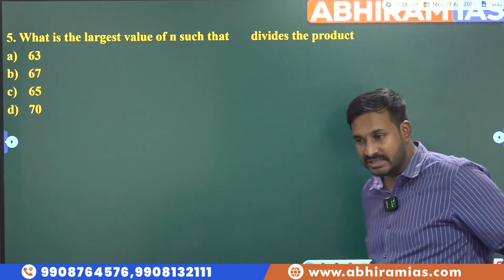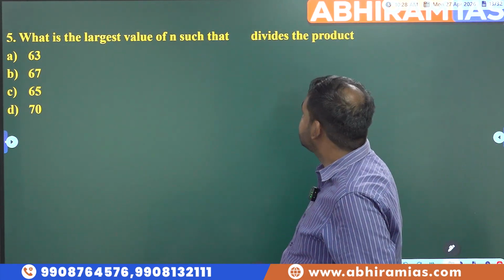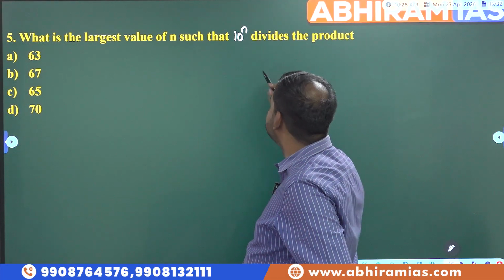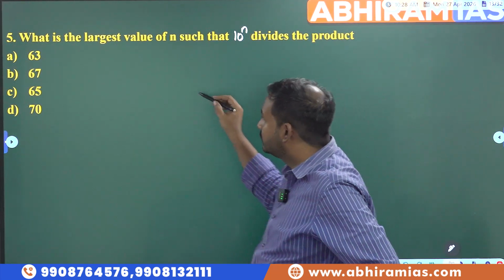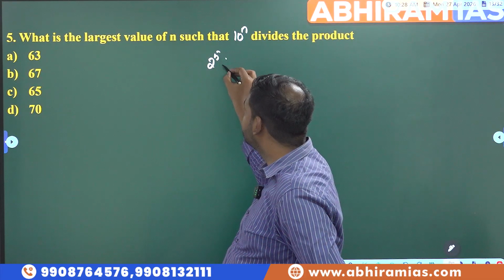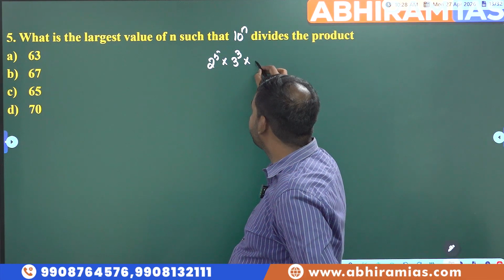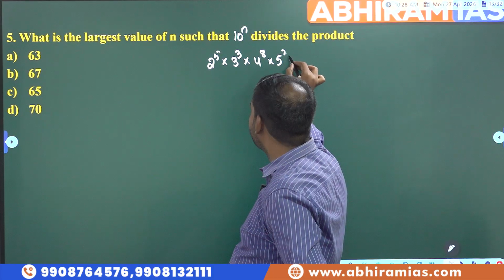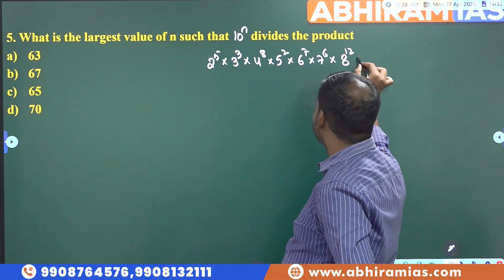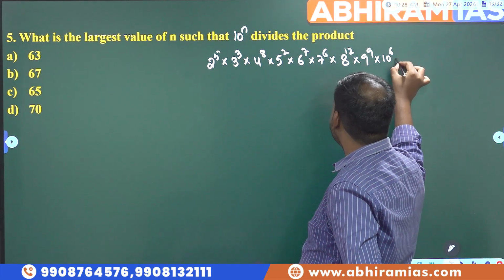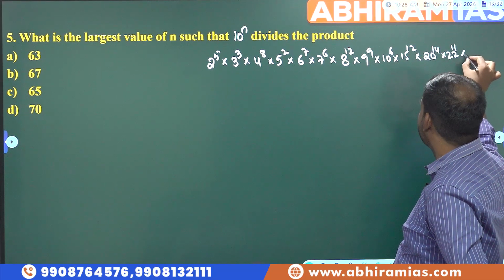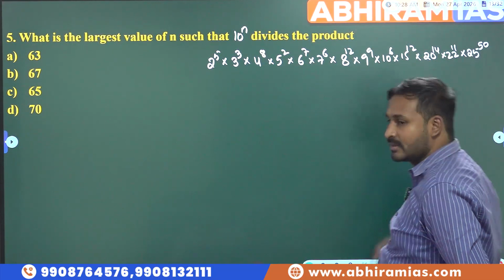Now, please tell me the question. What is the largest value of n such that 10 to the power of n divides the product? పెద్ద నెంబర్ ఉంది కదా, 2 power 5 into 3 cube into 4 power 8 into 15.